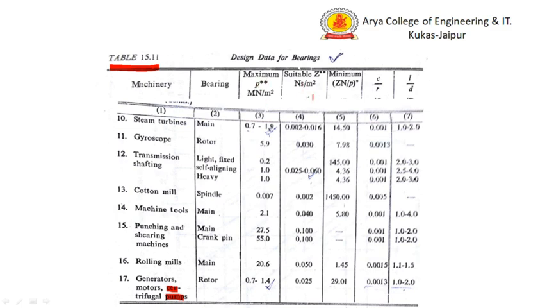This is the value of Z, absolute viscosity, and the bearing characteristic number ZN by P. Column number 6 is for C by R, clearance divided by radius of the journal, and column number 7 is the L by D ratio for the various applications. For a centrifugal pump, we can use the L by D ratio from 1 to 2.